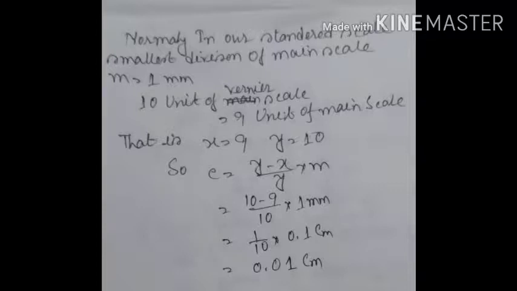If we align Vernier 0 with main scale 0, then we will find 10 units of Vernier scale is equal to 9 units of main scale. That is, according to our formula, x is equal to 9 and y is equal to 10. So C is equal to (10 minus 9) by 10 into 1 millimeter. If we calculate, we will find 0.01 centimeter.